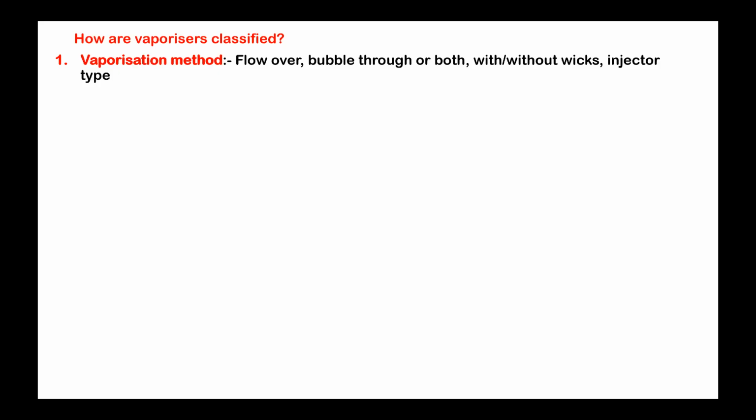Each bubble has a larger surface area to carry more vapor. So if you want to increase the concentration, you can blow the fresh gas into the liquid depth and form bubbles to carry more. That's called the bubble through, with or without a wick or other extra surfaces to make more vapor. So that is the first method of classifying, depending upon the vaporization.